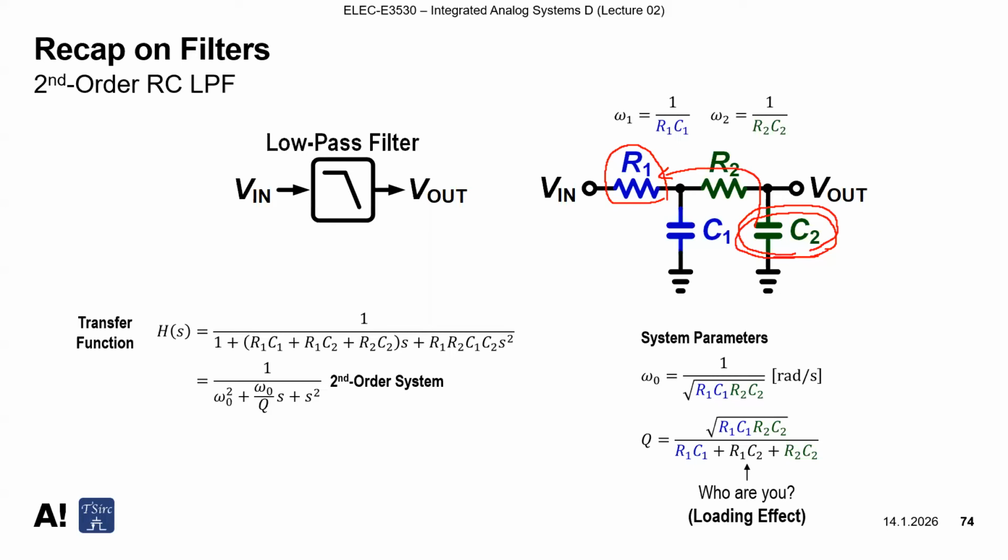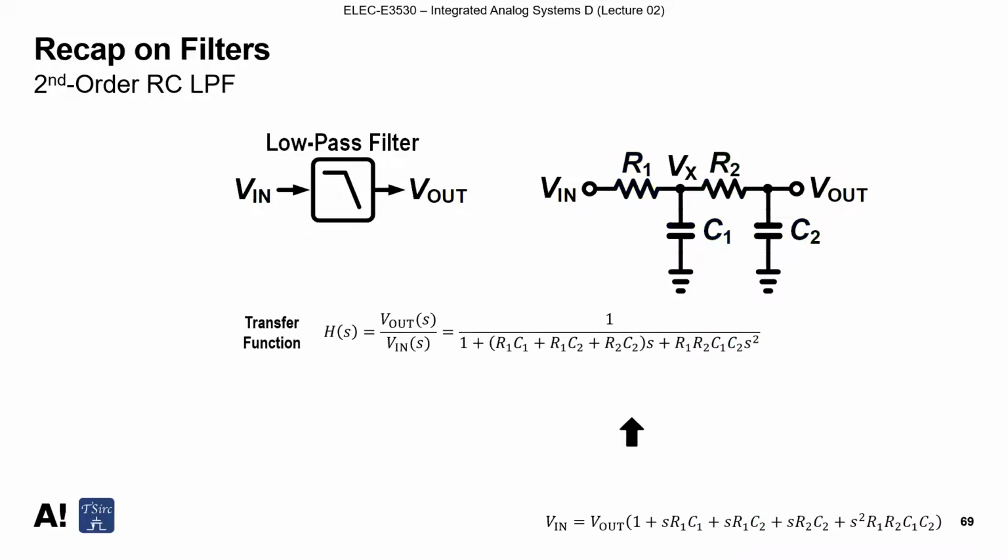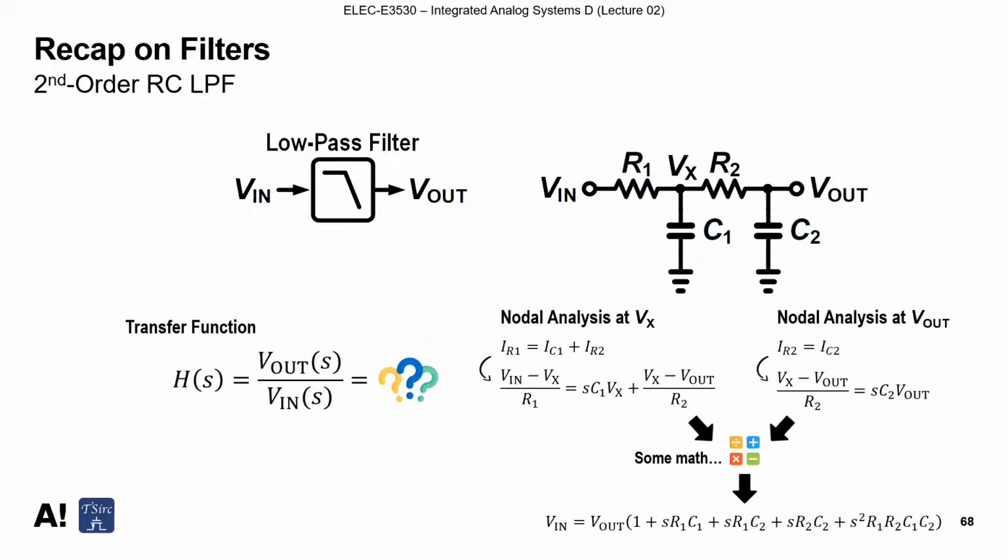So there is some current flowing through, as we did for the nodal analysis in the previous slide. Let's go back to our nodal analysis here, right? For R1, the current is equal to IC1 plus IR2, and IR2 is equal to IR1 minus IC2.